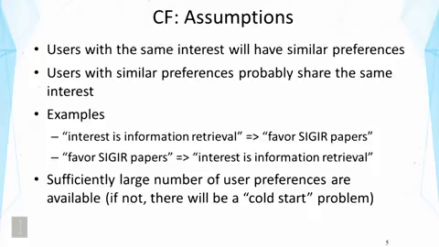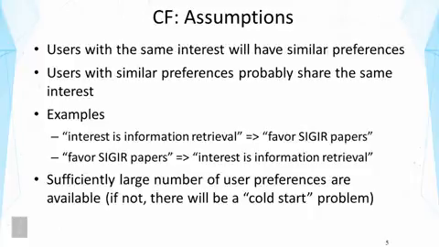So this approach would work well under the following assumptions. First, users with the same interest will have similar preferences. Second, the users with similar preferences probably share the same interest. So for example, if the interest of the user is in information retrieval, then we can infer the user probably favors SIG-IR papers. Right? So those who are interested in information retrieval research probably all favor SIG-IR papers.